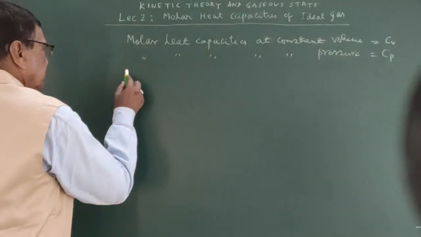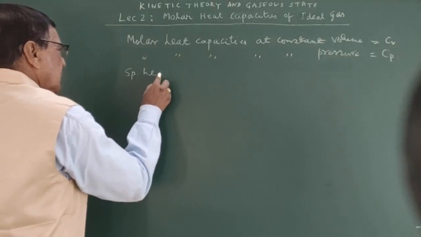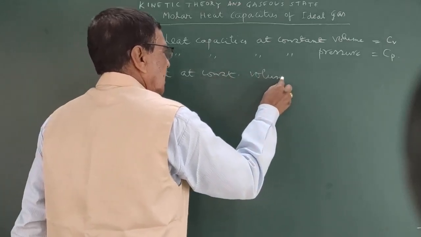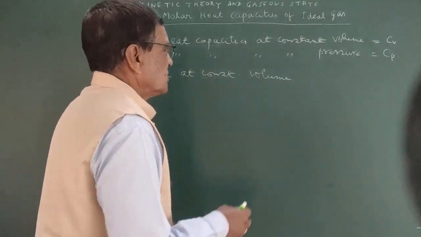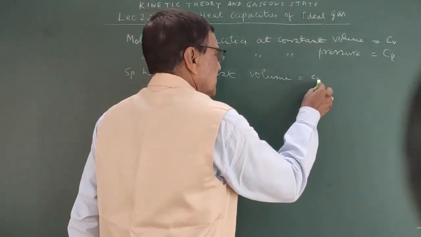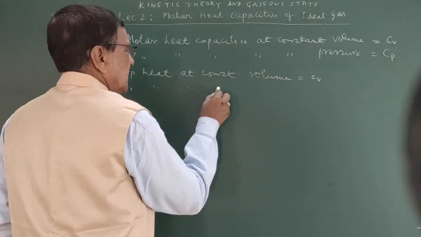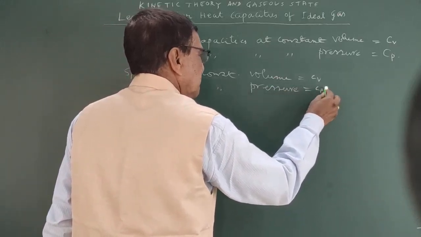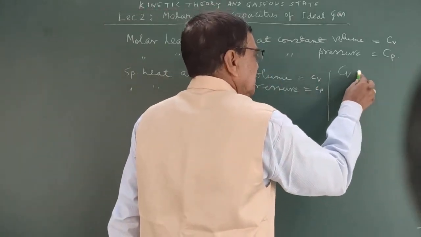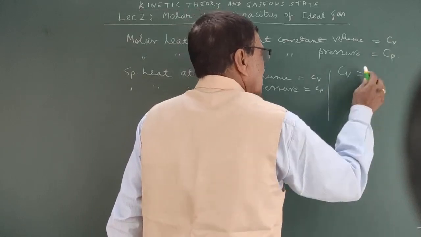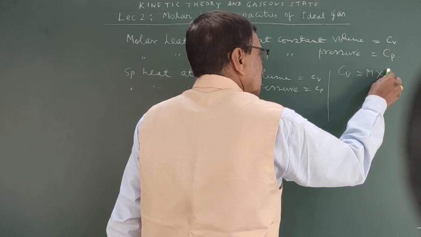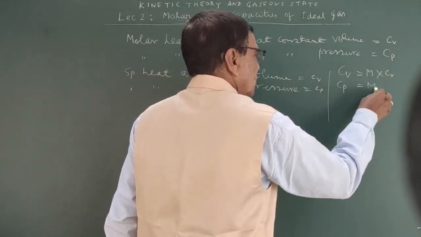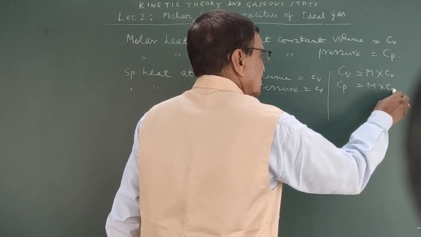And if we denote the specific heat at constant volume as small cv and the specific heat at constant pressure as small cp, then naturally Cv equals molar mass into cv, and Cp is equal to molar mass into cp.